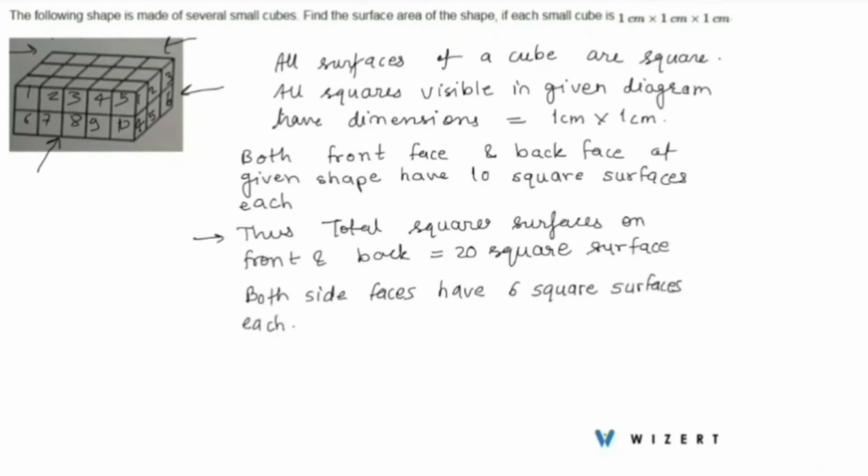So we can say thus total square surfaces on both sides are equal to 6 plus 6, 12 square surfaces.